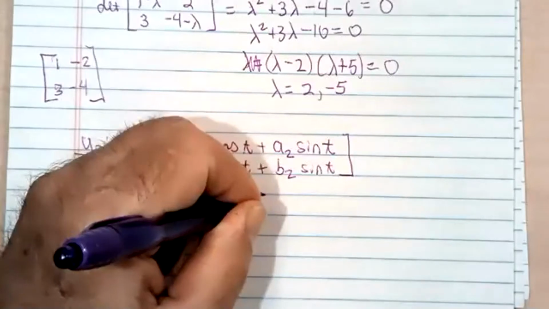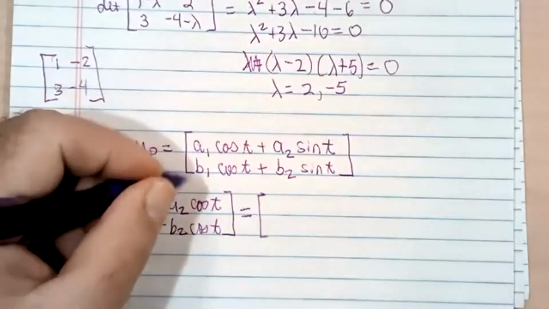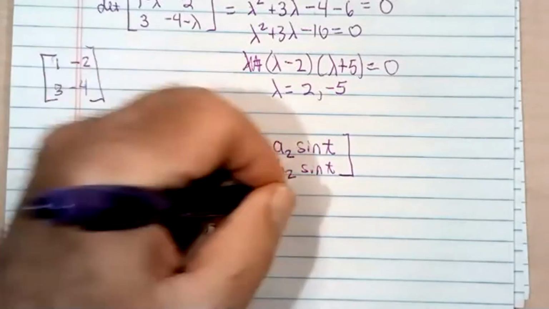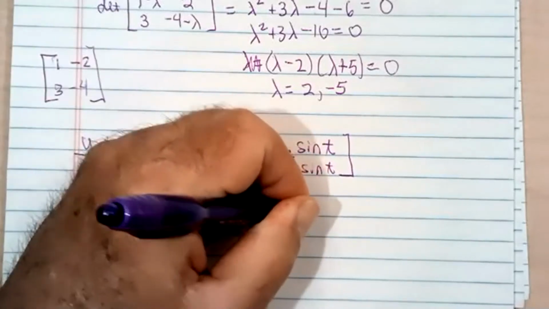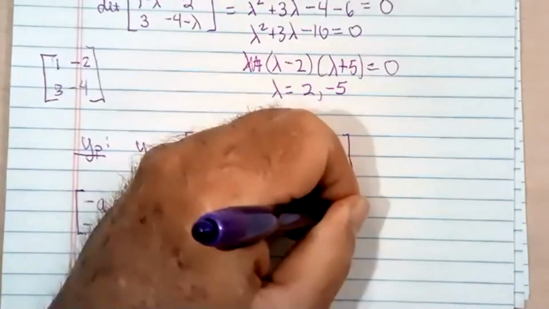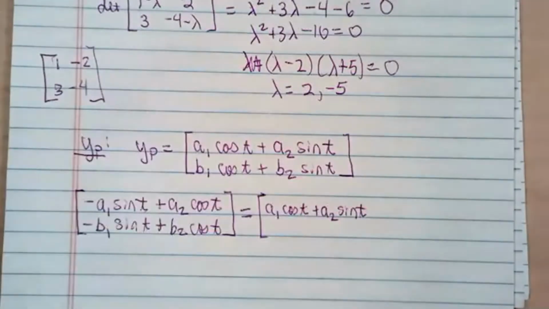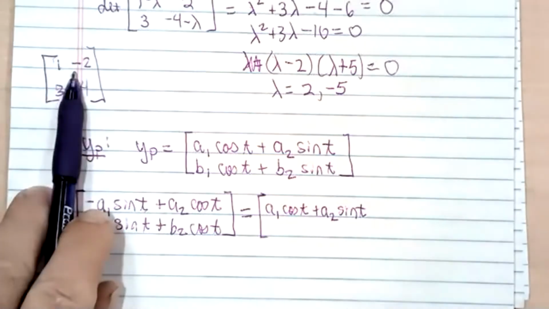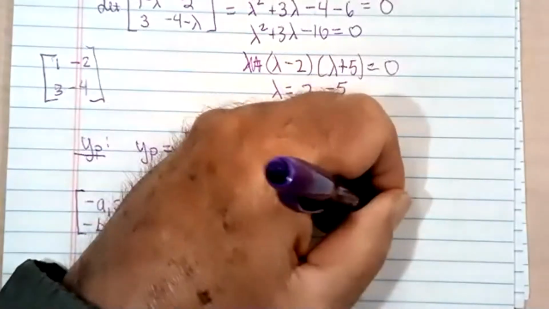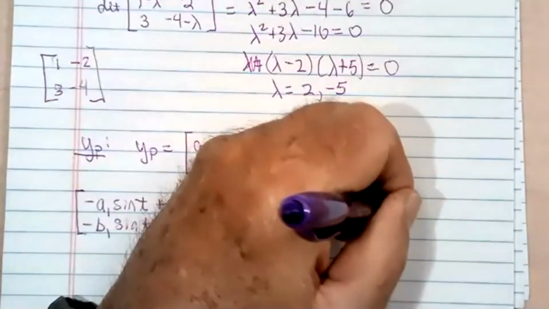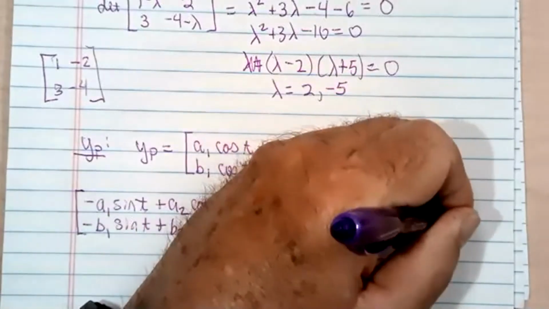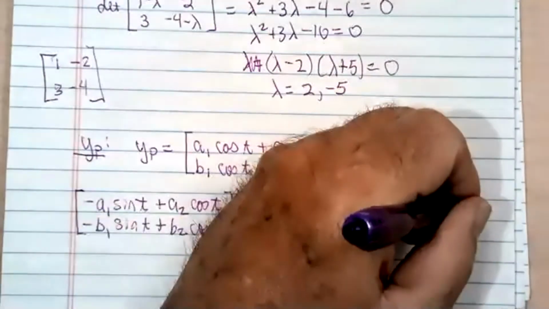Okay, here we go. 1 times the top entry minus 2 times the bottom. Minus 2 B1 cos t minus 2 B2 sine t.